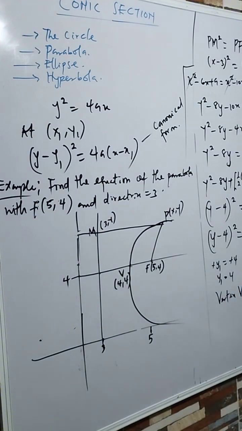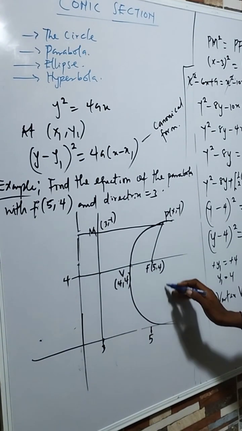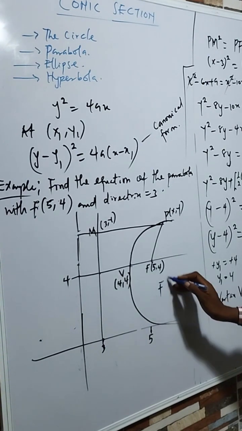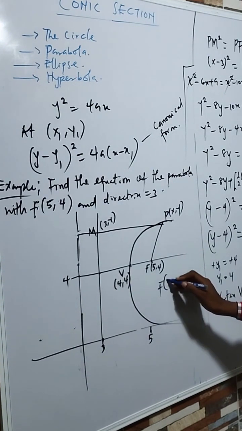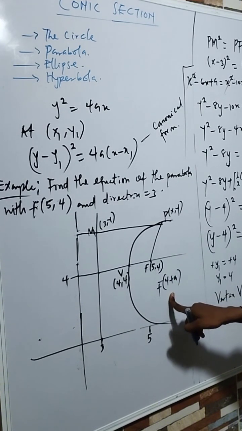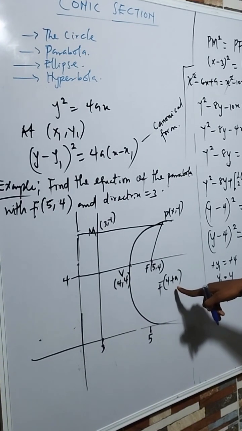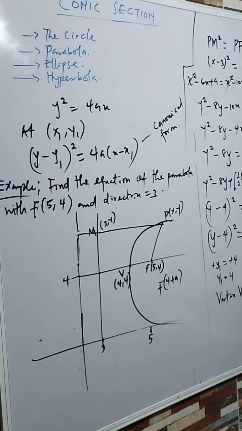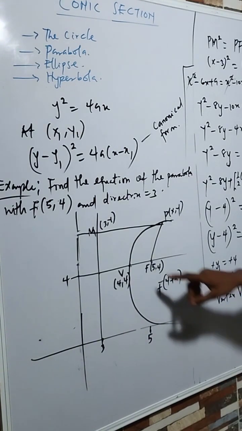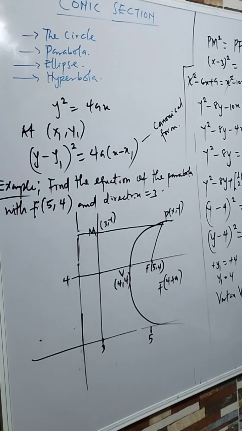So for us to get the focus, the value of V here, which is 4, plus a, that is the meaning: F is equal to 4 plus a, and that is exactly what you have at this particular point. That's the reason why you have the directrix here to be 3, which is the same thing as what I've just explained.